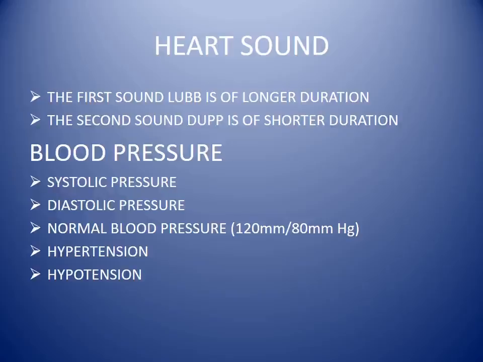When the ventricle contracts, the ventricles have good blood, and at the contracting time the blood goes fast to the aorta. The pressure rises to a peak, that means the highest pressure in the aorta. That is called systolic pressure.